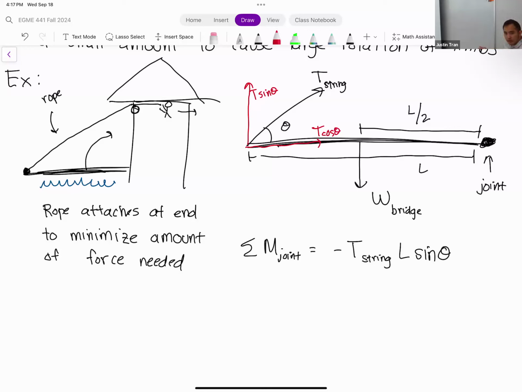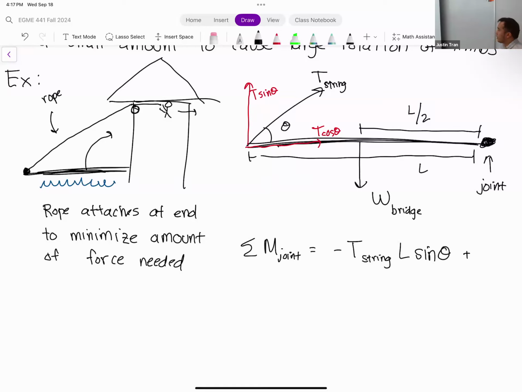T cosine theta points directly at the joint, and we've already talked about how any force that points directly at the joint is not going to contribute to the moment. So the only component that contributes is T sine theta, multiplied by the length times sine theta.